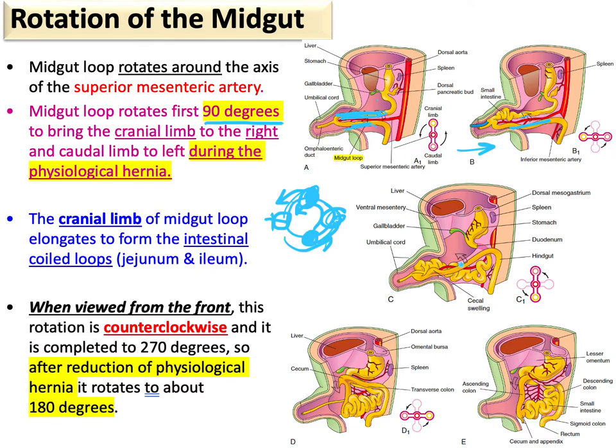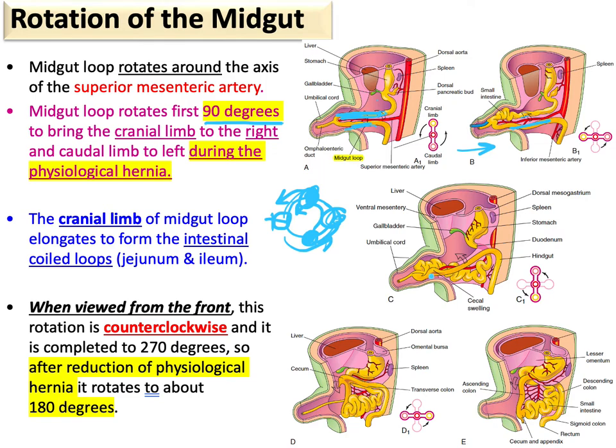So the idea is that the proximal loop, the cranial or cephalic limb, grows rapidly to form, of course, the jejunum and ileum. Always remember, about 6 meters. Anyway, once they projected into the umbilical cord, they rotated 90 degrees.